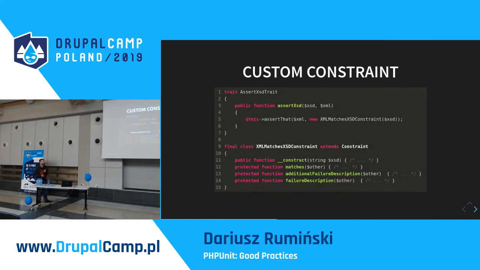If you put it into a constraint, it properly counts the whole assertion as a single assertion. Also, we can provide extra failure descriptions, giving details on what exactly failed in our big and complex constraint.